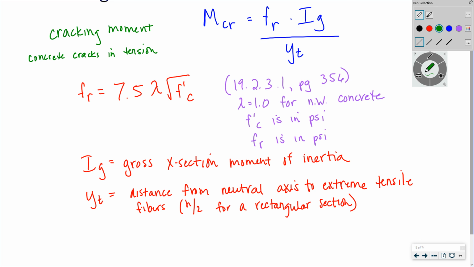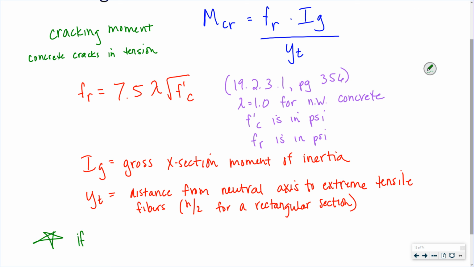Something to keep in mind: if your applied moment is greater than your cracking moment, what happens? Your beam cracks. If that tensile reinforcement wasn't there to pick up the slack of that cracked concrete, you would have a brittle failure.